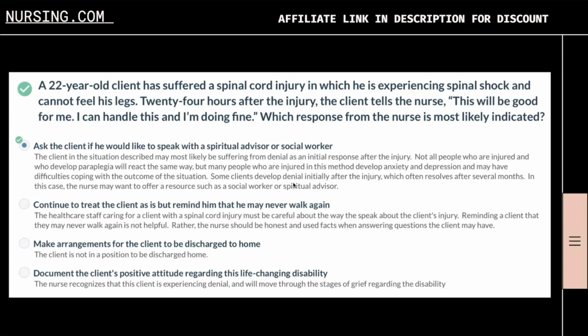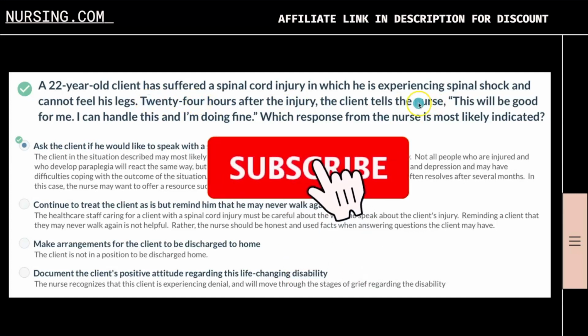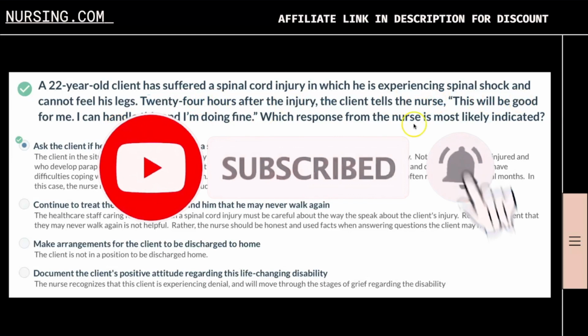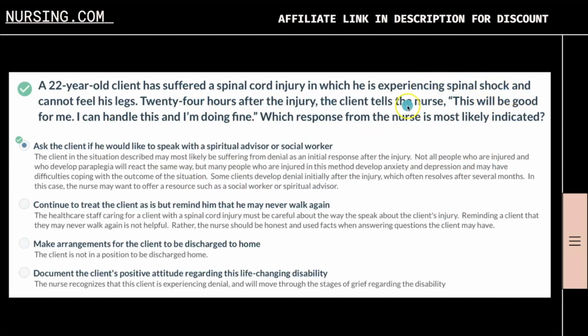So the best intervention, if you just went through something traumatizing like this, is to offer the patient if they would like to speak with a spiritual advisor or a social worker. We don't know if he will or will not be able to walk again because he is currently in spinal shock, right? Officially, he has not been labeled as a quadriplegic or a paraplegic. So again, the best intervention would be this one.